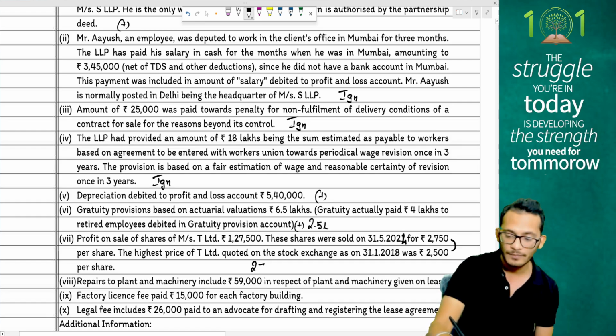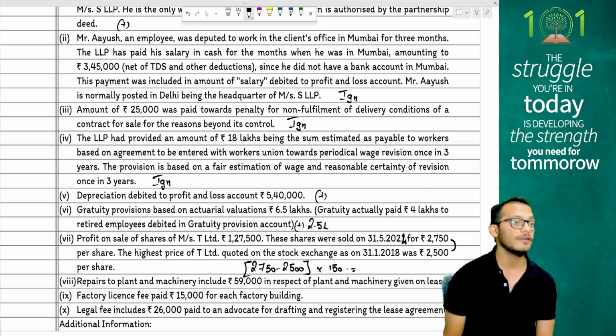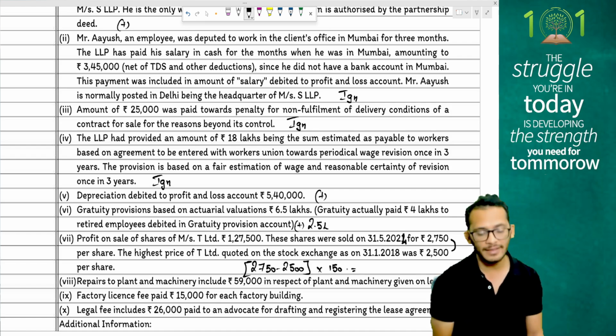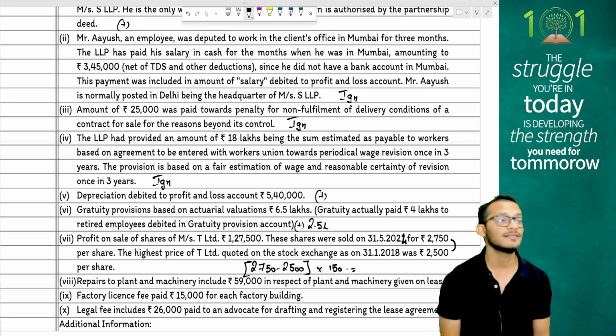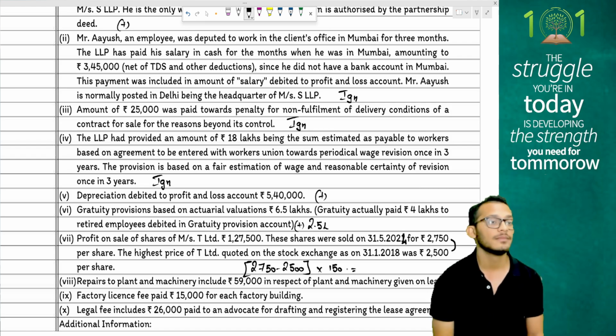Sale value minus 2,500 into 150 shares is my long term capital gains, but that is under CG. First come to PGBP.